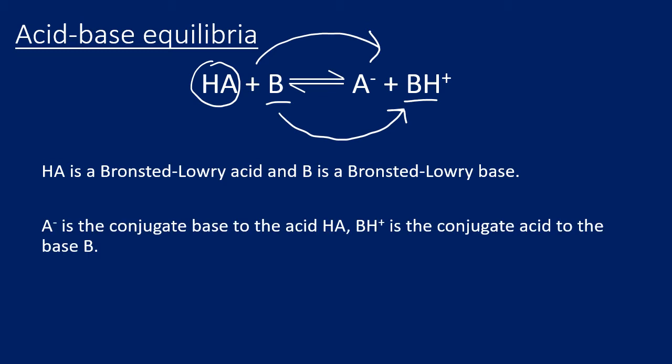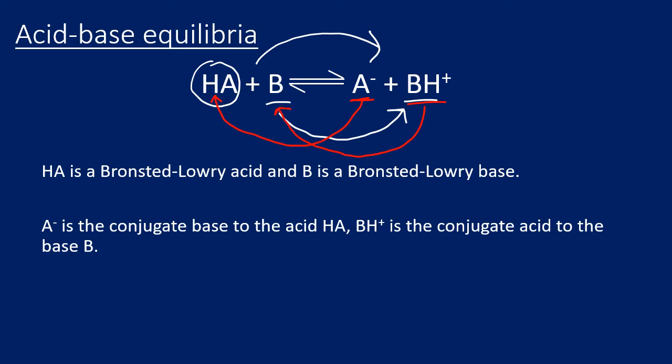But if we look at the reverse reaction, A minus is accepting a proton. So we call A minus the conjugate base, because in the reverse reaction it's accepting a proton. And BH plus is donating a proton in the backwards reaction.